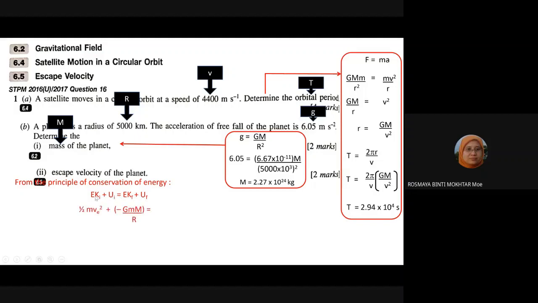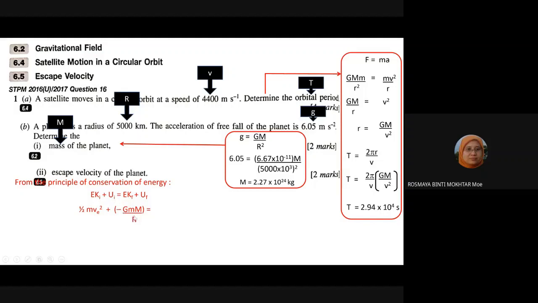Kinetic energy initially is half mv squared, where v equals the escape velocity, the velocity needed initially to project an object upward, like a satellite using a rocket, so that it manages to free itself from the gravitational pull of the Earth. Then plus the initial potential energy, which is negative GMm per r.